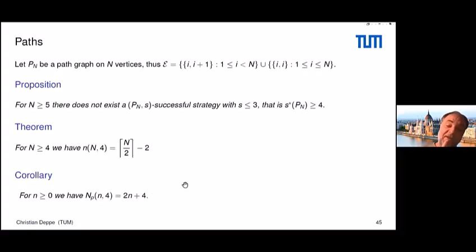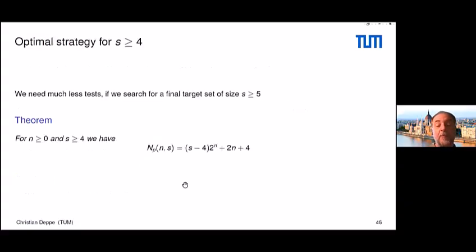But if s is 5, then we can do better. If you just want to have s equal 5, then we can use a similar idea as for the cycle. And the nice thing is we can write it down in a general formula. You see, that's the general result we have here. So our general result gives this formula: (s minus 4) times 2 to the n plus 2n plus 4.